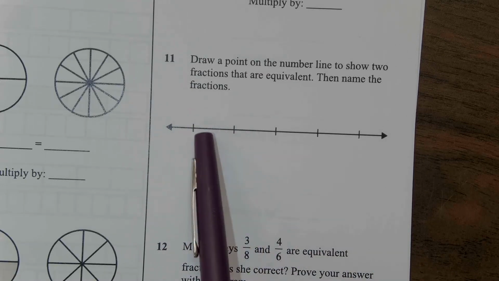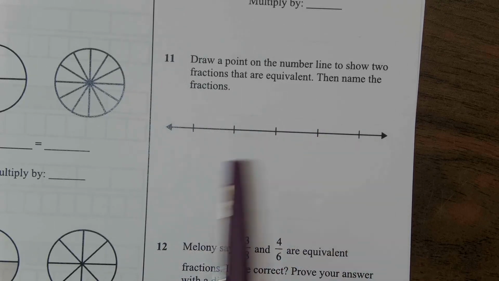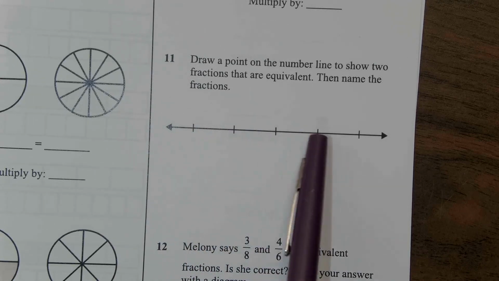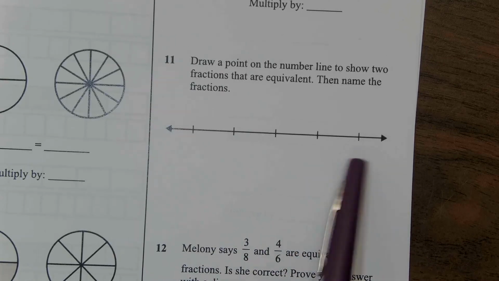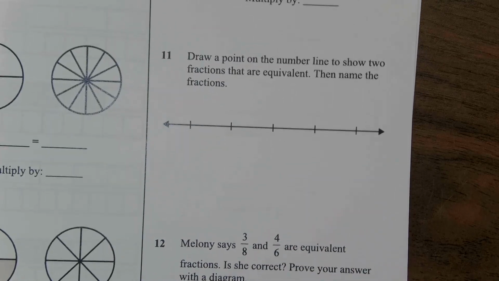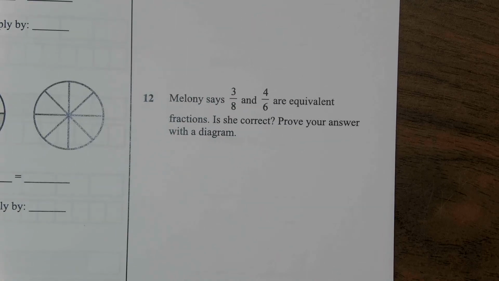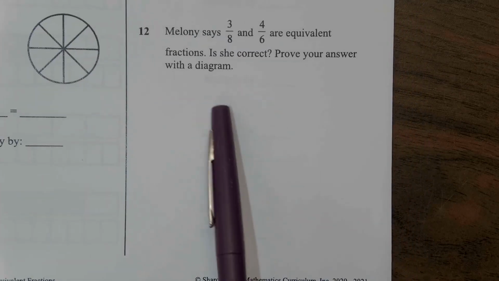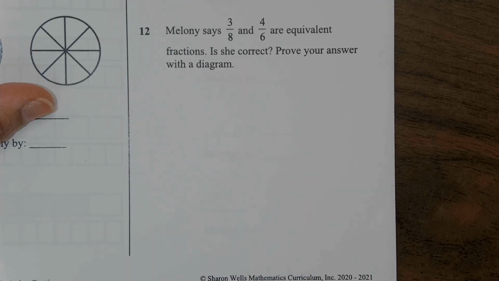So let's say this is 1, 2, 3, 4. There's 4 parts to this fraction. 1, 2, 3, 4. So you would label it as 1/4, 2/4, 3/4, and 4/4, which is 1 whole. And then you can multiply by 2 to make an equivalent fraction. On number 12, they want you to use a diagram, so go ahead and draw a fraction bar for number 12.